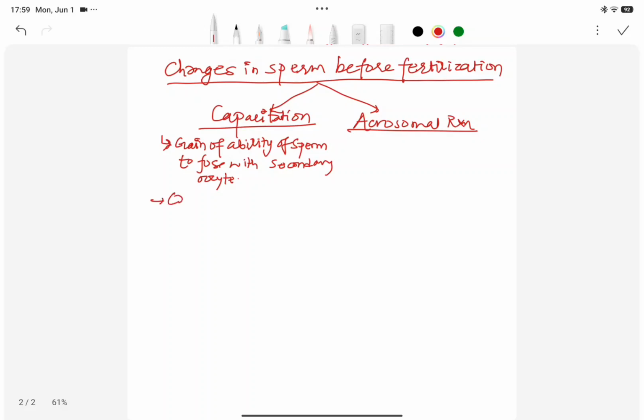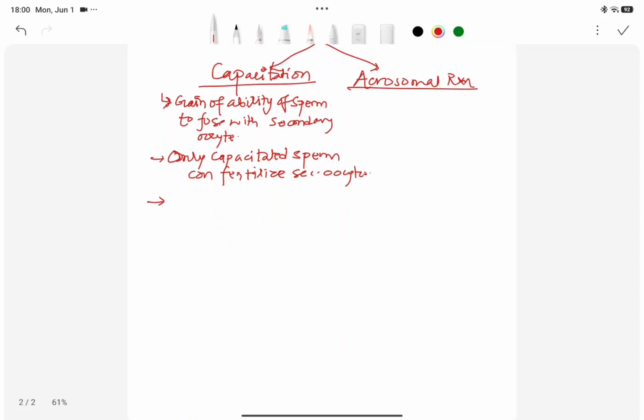Only capacitated sperm can fertilize the secondary oocyte. So it is the period of conditioning in the female genital tract, in the uterine tube and the uterus.